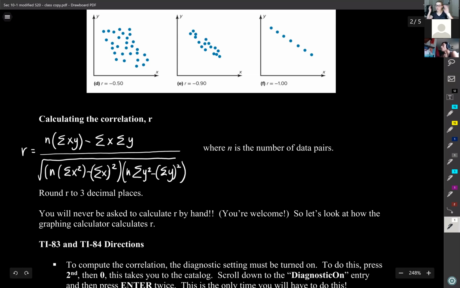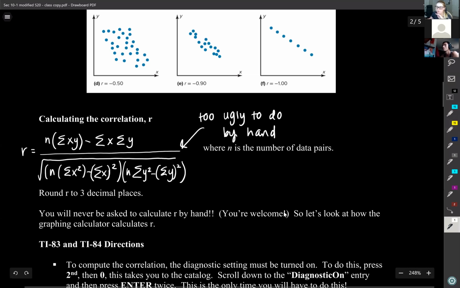Literally the ugliest thing. Imagine if you had 10 data points and I asked you to do this by hand. I will never. So just a mental note, too ugly to do by hand.